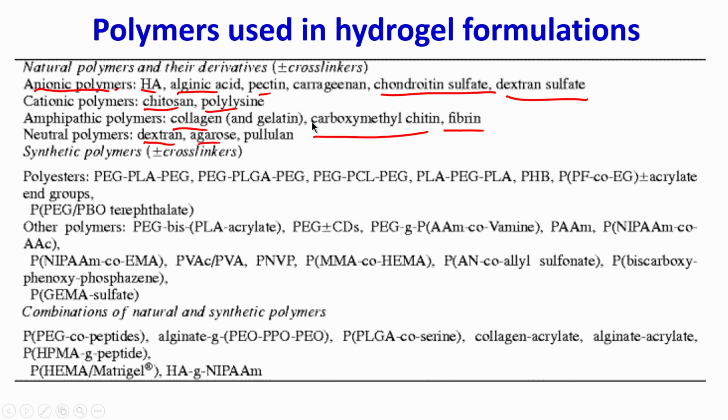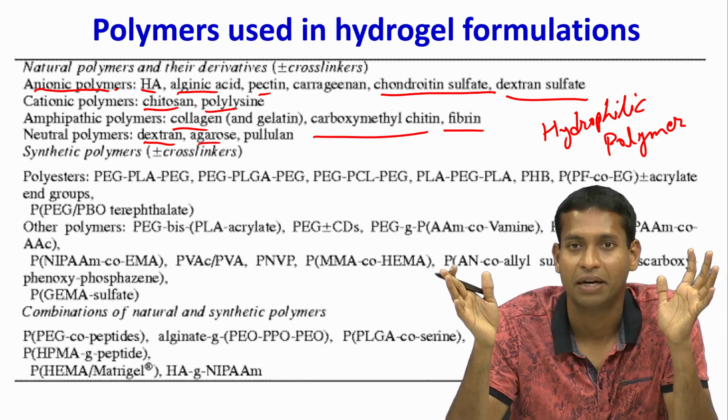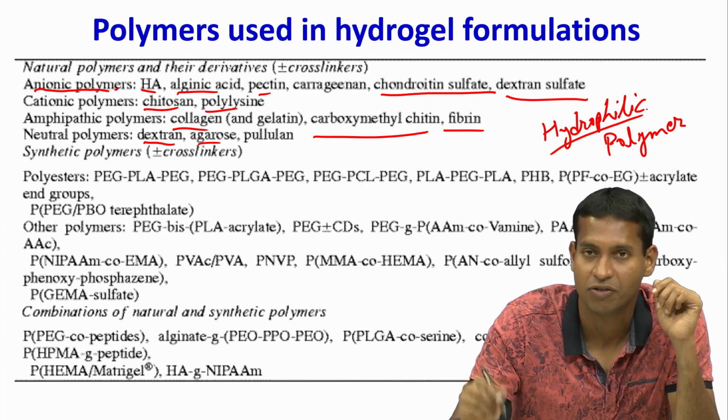In terms of, again remember, all of these molecules need to be hydrophilic, right. As we said, the hydrogel will only form with hydrophilic polymers. So, again all of these can also form various other kinds of things along with some other polymers too, but if it has to be hydrogel, it has to be hydrophilic.